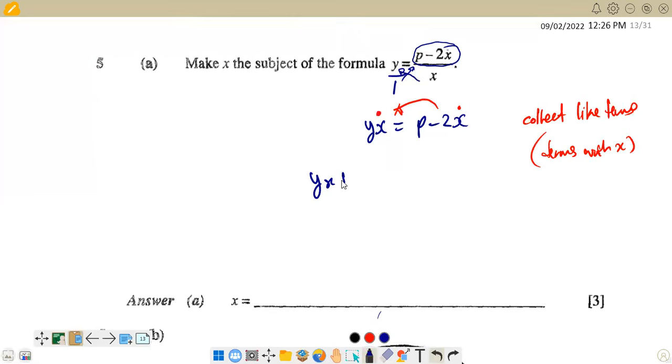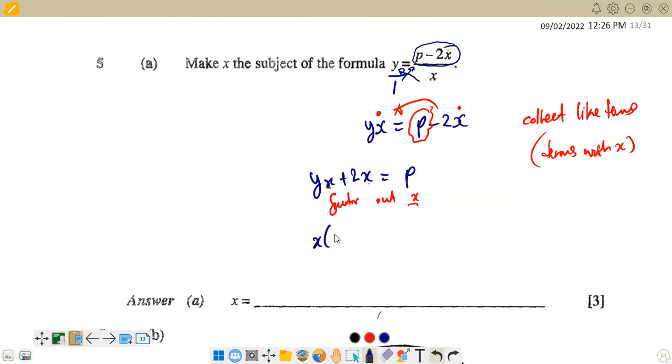That is yx plus 2x is equivalent to p. Already we had a p here, so we just remain with this p on this side. Now we have taken these terms, and we've got x here and x here. So what are we going to do in this case? We are going to factor out x, because it is common in these two terms.